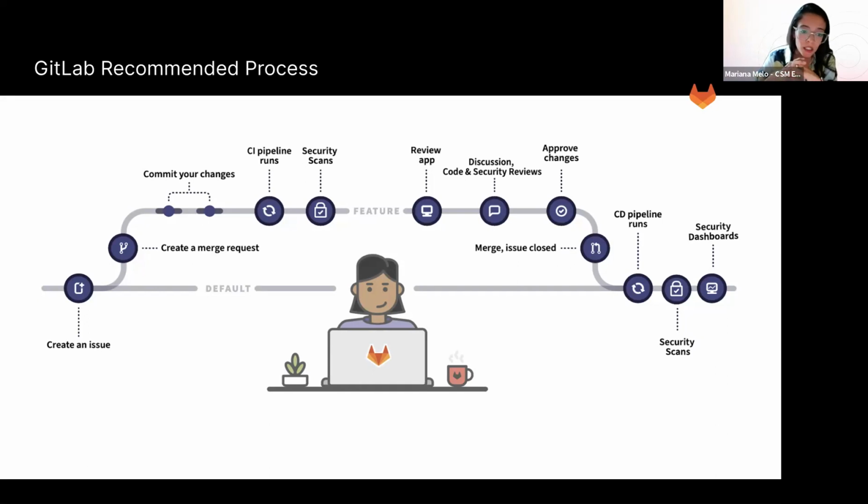So basically here we start with creating an issue. Let's say that when your team is discussing implementing a new feature or changing something in your code, you would create an issue, and then this issue would be assigned to the team. And once you create a merge request, a new branch is created. This new branch is the future branch where your team would work. So you have the default branch, which you can consider as your production branch, and then you have the future branch.